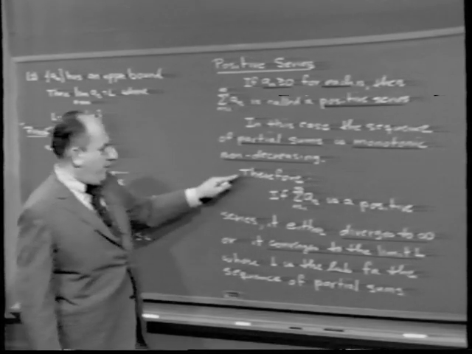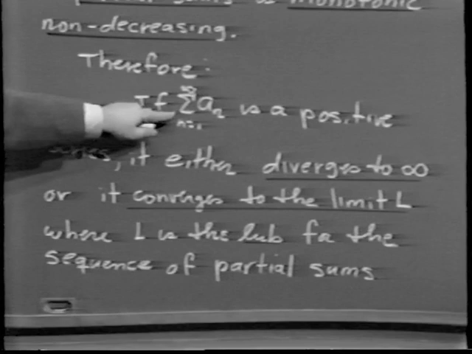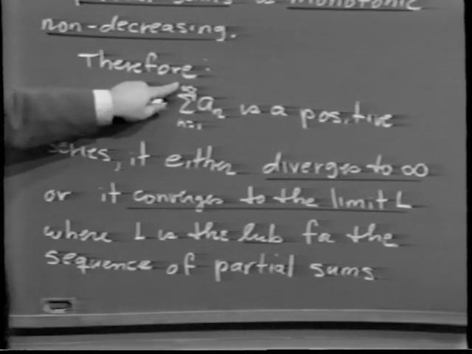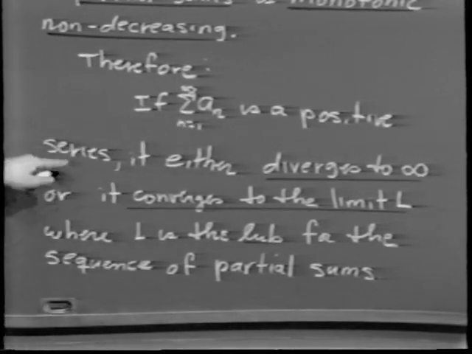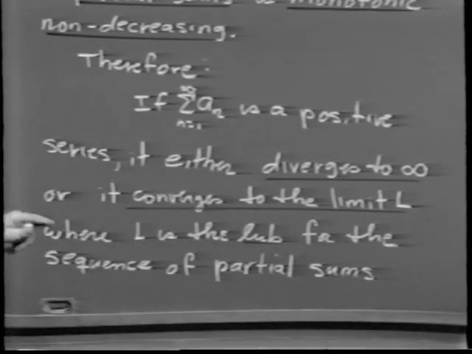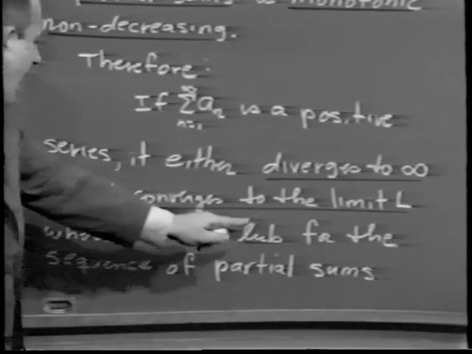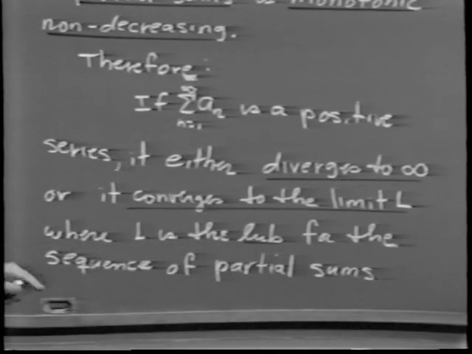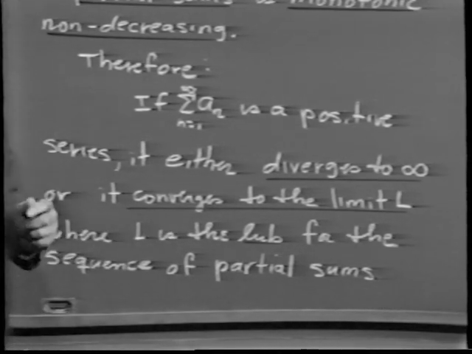In other words, therefore, if the series summation n goes from 1 to infinity a sub n is a positive series, it must either diverge to infinity, or else it converges to the limit L, where L is the least upper bound for the sequence of partial sums.